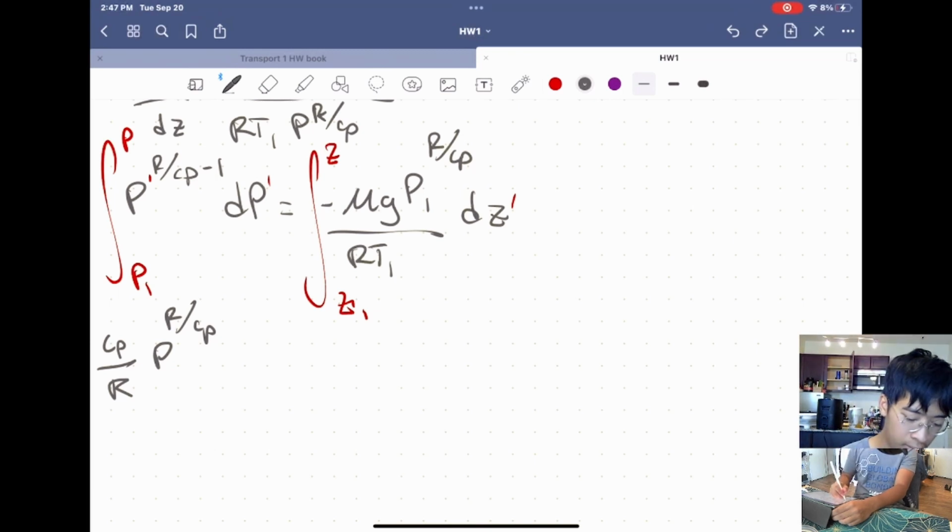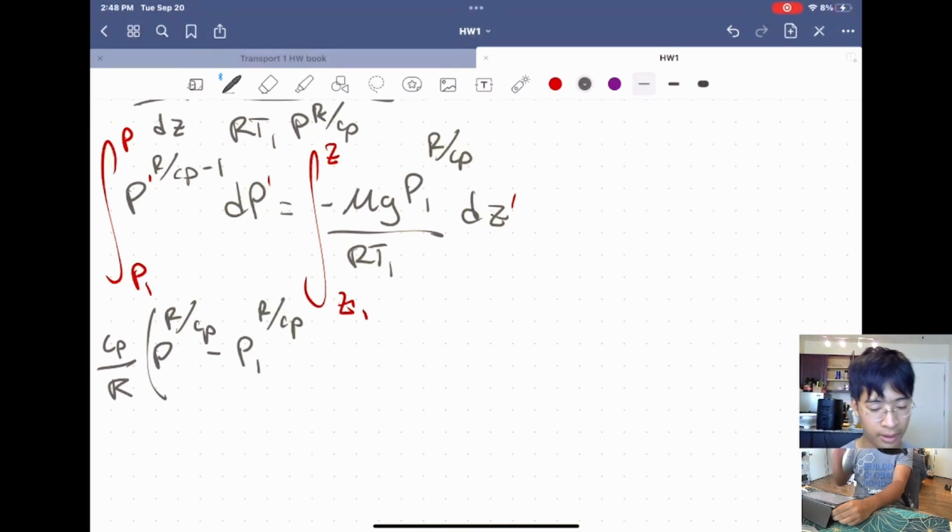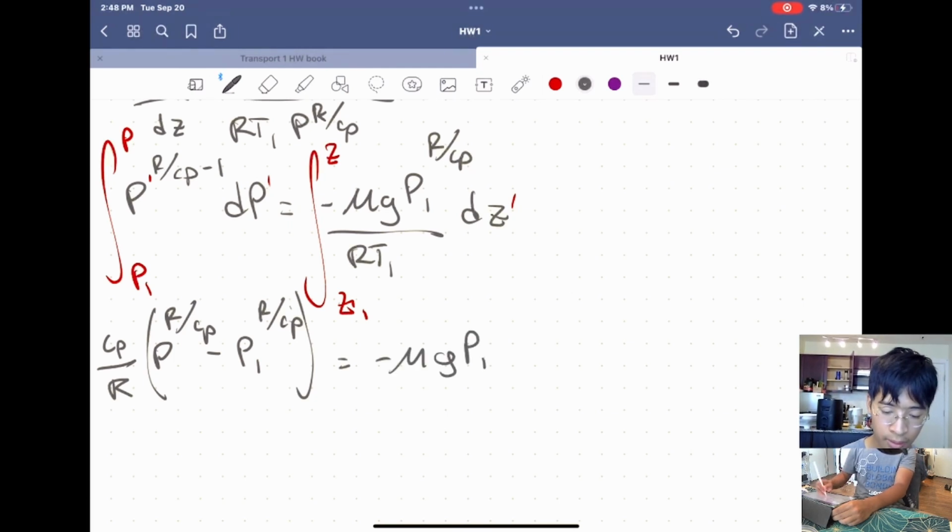Minus P1 to the R over Cp. Yep, I need to be careful there. Equals negative molar mass G P1 to the R over Cp over R T1, times the change in altitude, z minus z1.